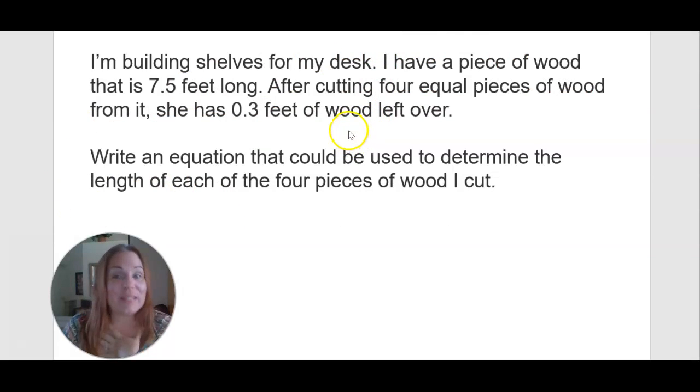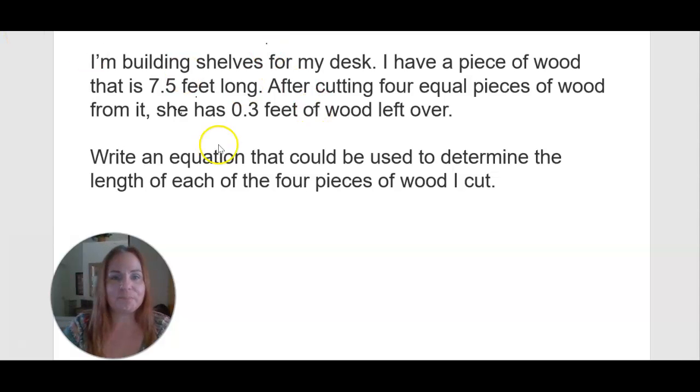I'm building shelves for my desk. I have a piece of wood that's 7.5 feet long. After cutting 4 equal pieces of wood, oh, this should say I have. All right, let me fix that real quick. Oh, it doesn't want to let me edit you guys.